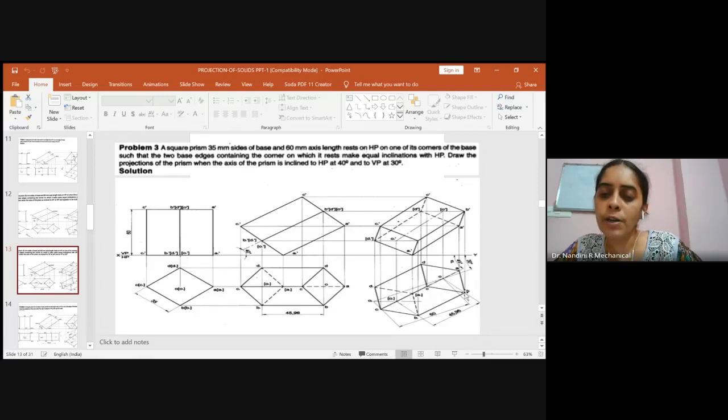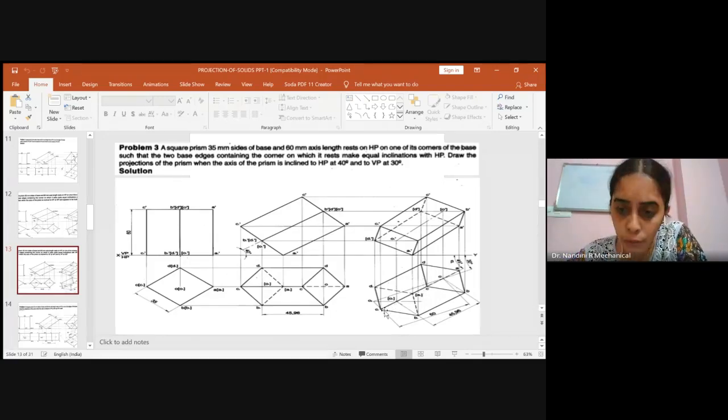And again from corner B, you will draw a parallel line which is parallel to our apparent length of the axis. So once you draw a parallel line, now you should identify the other points. So you will measure from D to D1 what is the distance. Keep one end of the compass here and you will cut an arc. Similarly, you measure from B to B1 what is the distance.